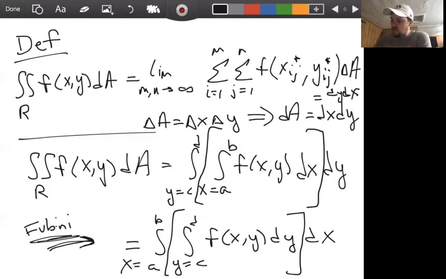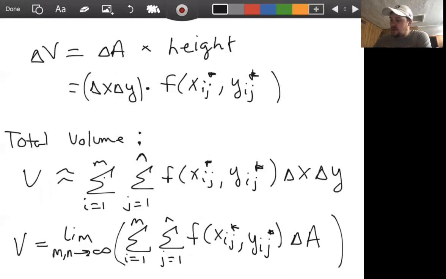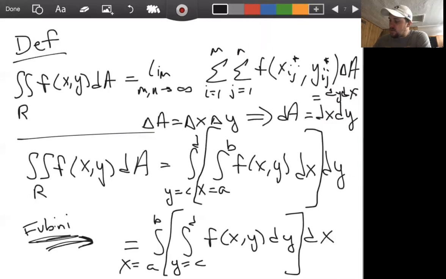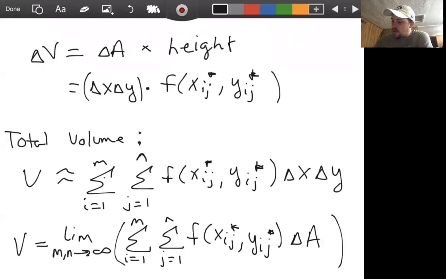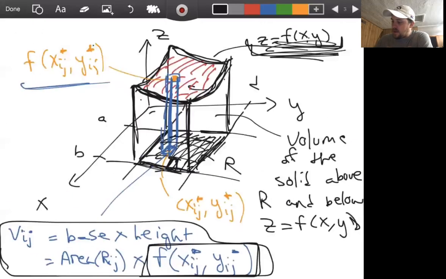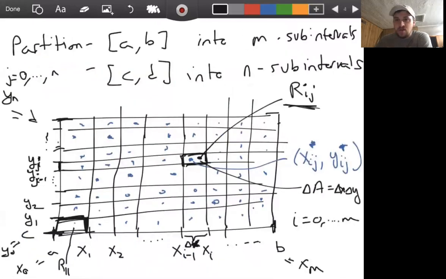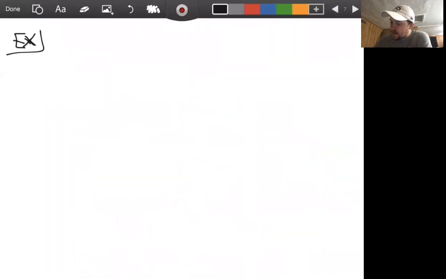And so this is a construction for the definition of a double integral over a rectangular region. So let's see an example, right? That's a lot of analytic construction here, and there's not much hands-on, so let's see an example.